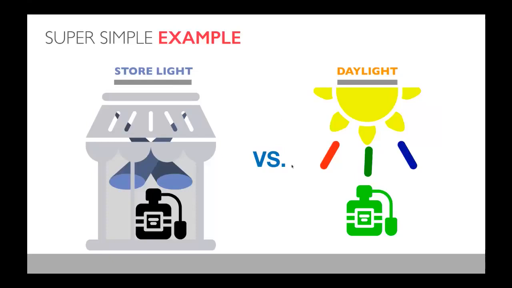Outside, it would look normal, or quote normal, because all the different wavelengths are hitting the package at once. It's exposed to all three. So red and blue are absorbed under natural light, but the green wavelength is reflected and picked up by your eyes, so outside the package is green.